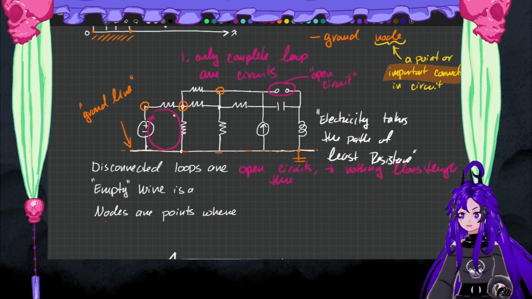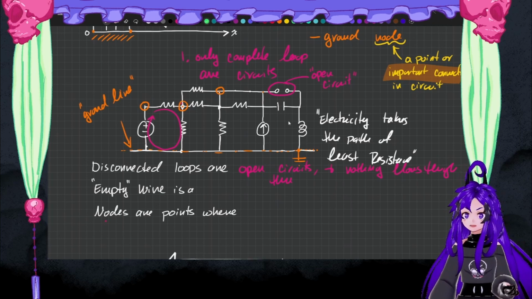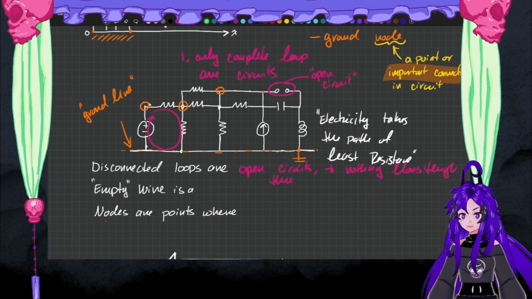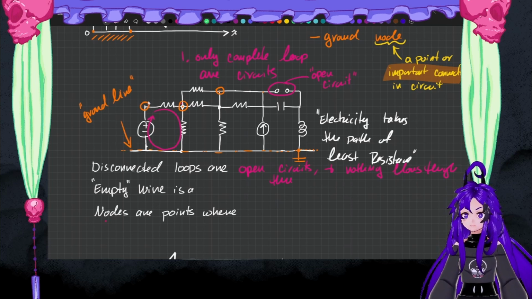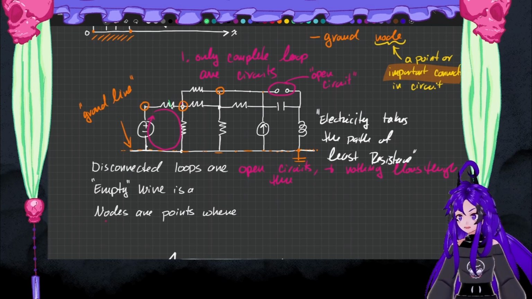So, how do we know which ones of these are important? Which ones of these do we think about as nodes? Well, we look at places where 3 or more connections touch. So 3 or more devices connect. So we got one.